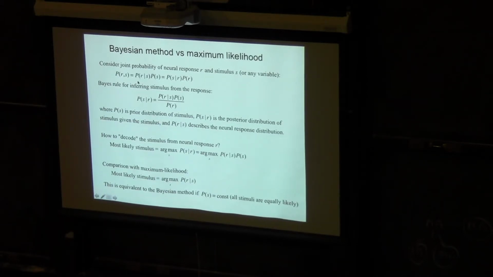If you have a neural response R and a stimulus, the Bayes rule is that I want to estimate some physical variable.